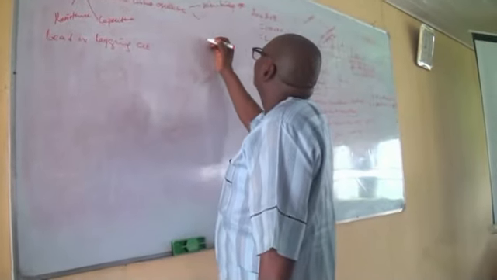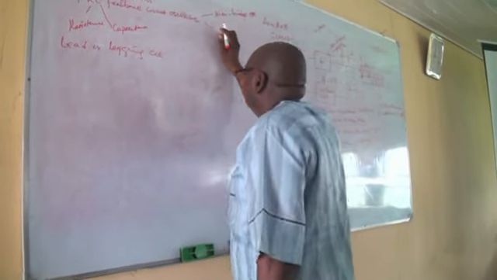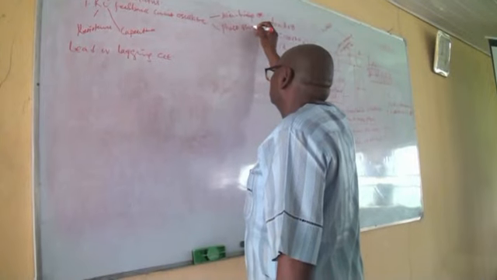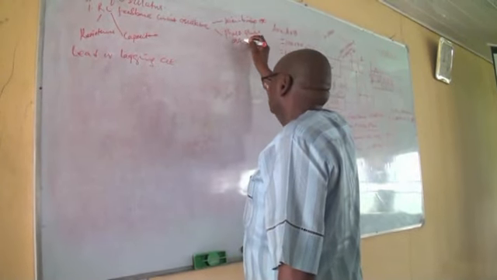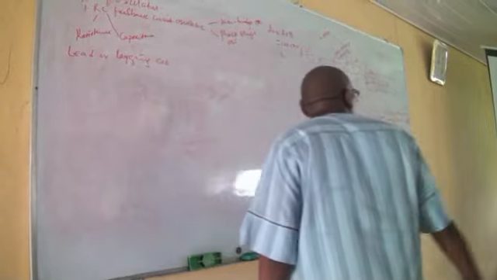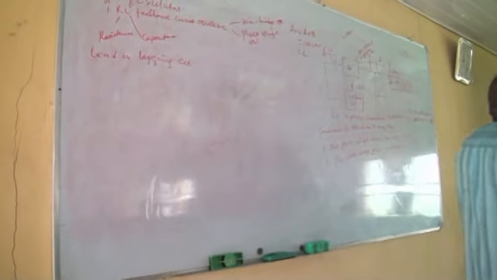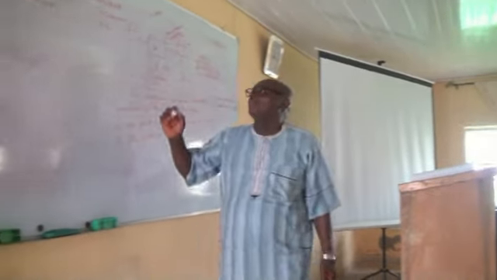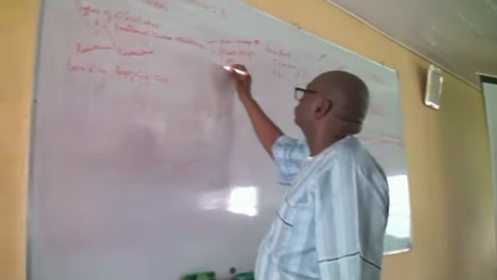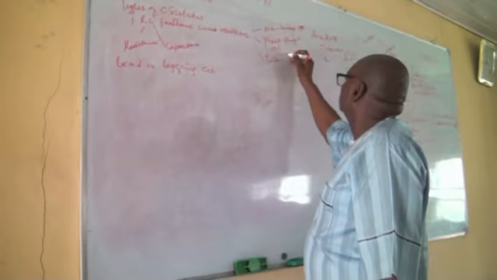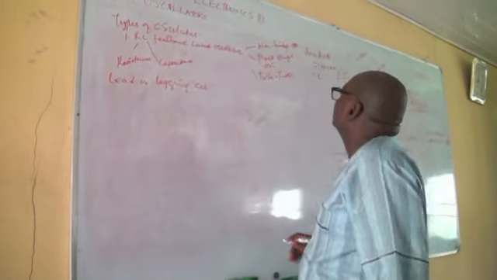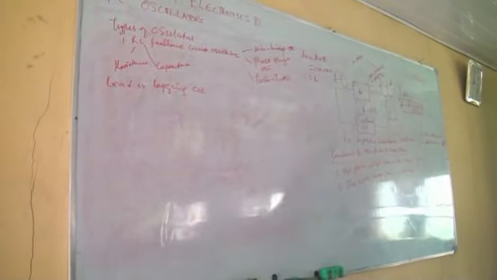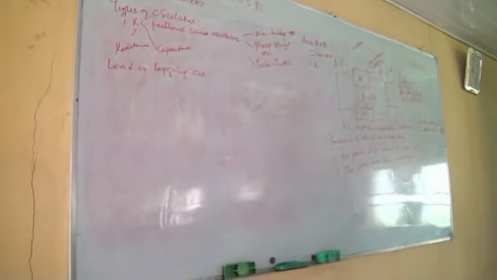Then the phase shift oscillator, and the twin T oscillator. These are the common ones that we have as RC oscillators. So we're going to discuss one out of them.